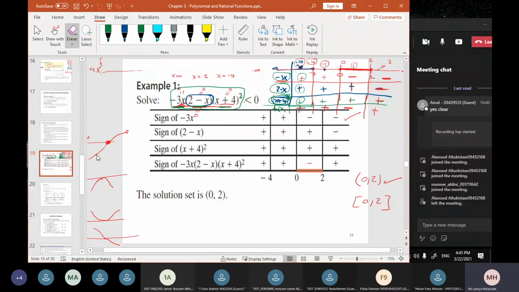If it was positive before this point and then negative and then positive, then for that whole period here the function will be negative. It cannot change sign unless there is another zero, right?